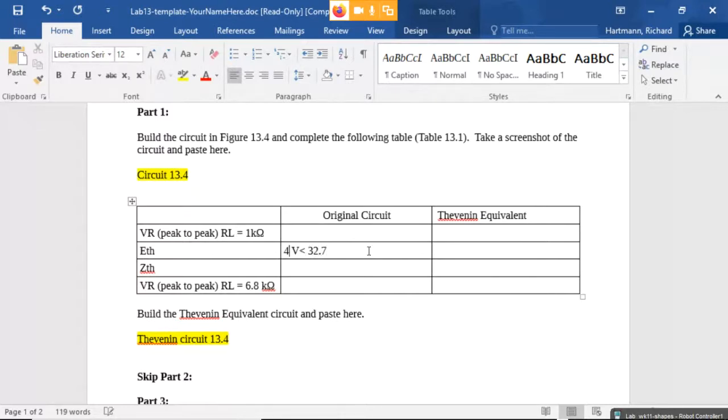Okay, now remember we need to use our 3 significant digits when we do this.